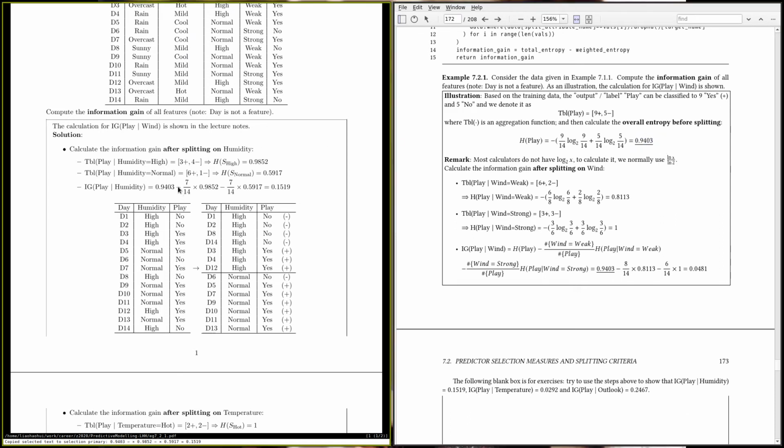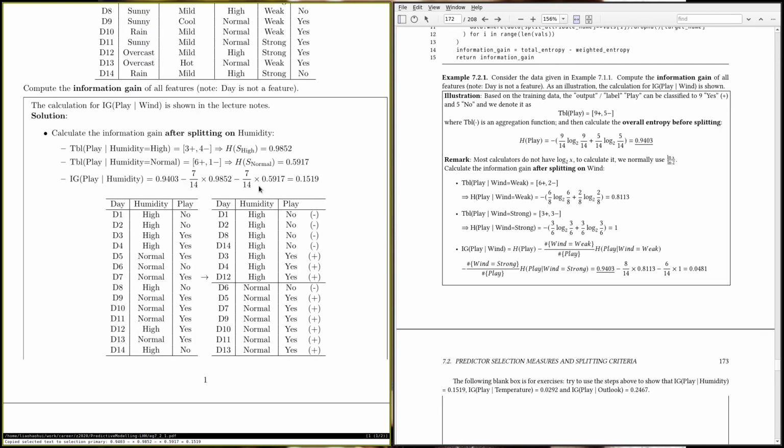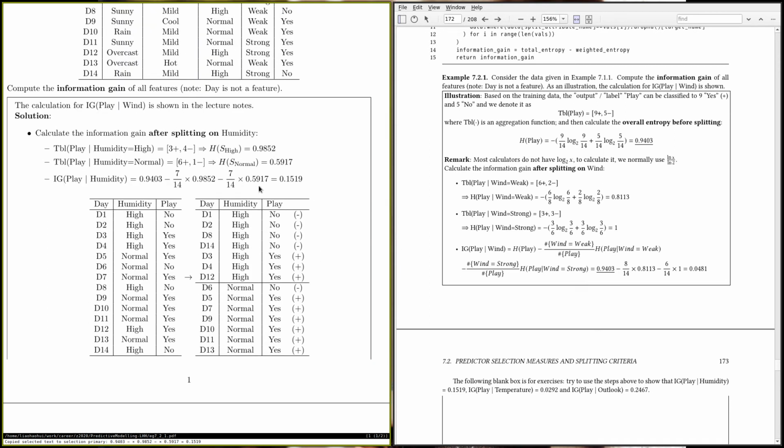And what do we subtract? We subtract the entropy of humidity high and the entropy of humidity normal, each multiplied by the probability of seeing them.